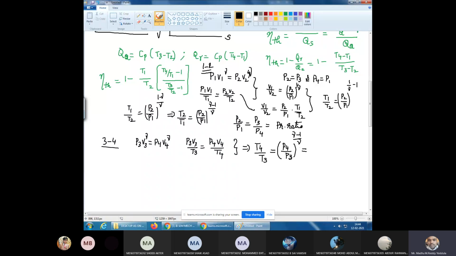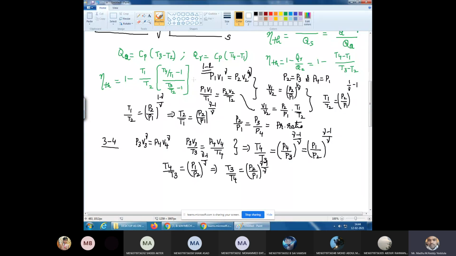So this is also written with P4 equal to P1 and P3 equal to P2: P1 by P2 whole power gamma minus 1 by gamma. So therefore T4 by T3 is equal to P1 by P2 whole power gamma minus 1 by gamma. And further I can reciprocate on both sides: T3 by T4 is equal to P2 by P1 whole power gamma minus 1 by gamma.